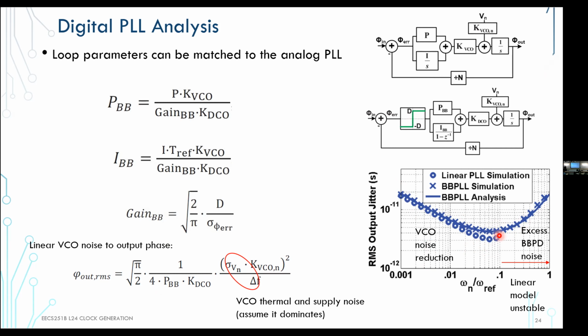Linear theory shows that around the 10th or a little more, you run into stability issues in your linearized model. But if you run a behavioral simulation with fully digital bang-bang, you can keep going and see the increase in excess jitter. Of course, you don't want to work there; you want to work over here. So even linear analysis gets you to the optimal point, and you just stay there.